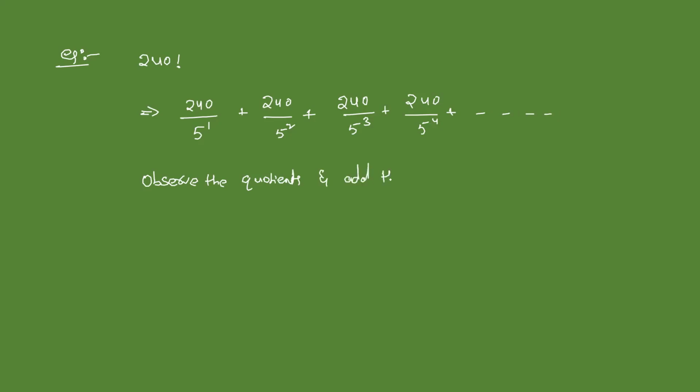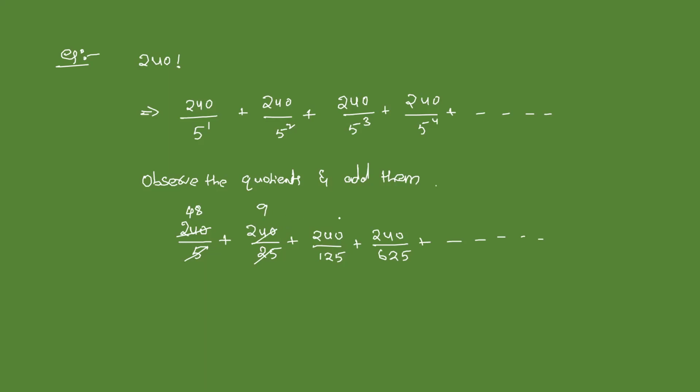Okay, I am expanding it for better understanding. 240 by 5 gives 48. Similarly, 25 nine times is 225.